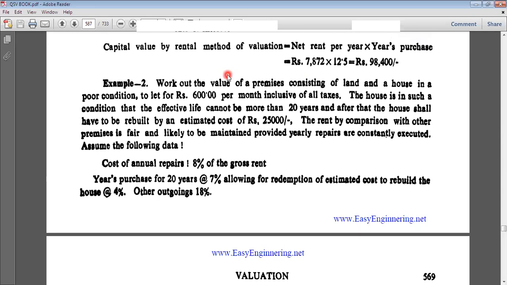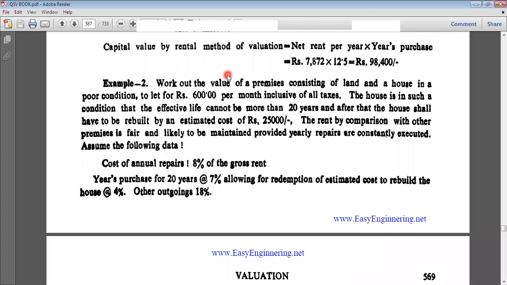So the next problem that we are going to discuss is: work out the value of a premises consisting of a land and a house in poor condition, to let for rupees 600 per month inclusive of all taxes.